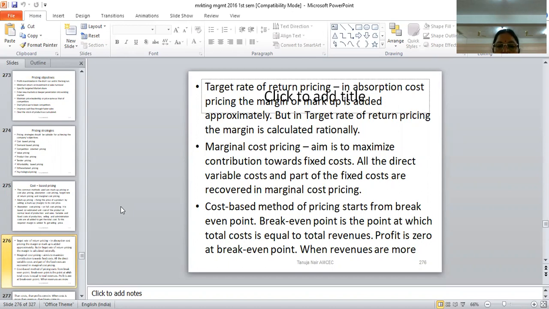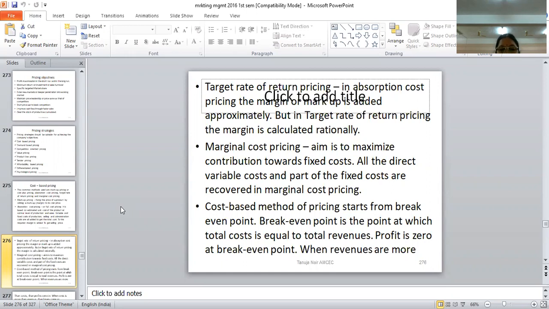Then marginal cost pricing is where they consider the maximum contribution, which is their fixed cost. They want to recover their variable cost and their fixed cost from the pricing. So that is known as marginal cost pricing. Here also the cost is considered plus a margin is added.